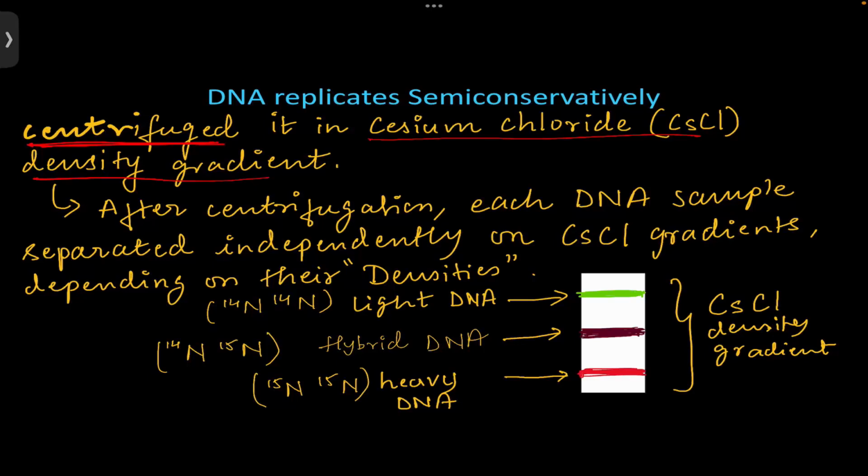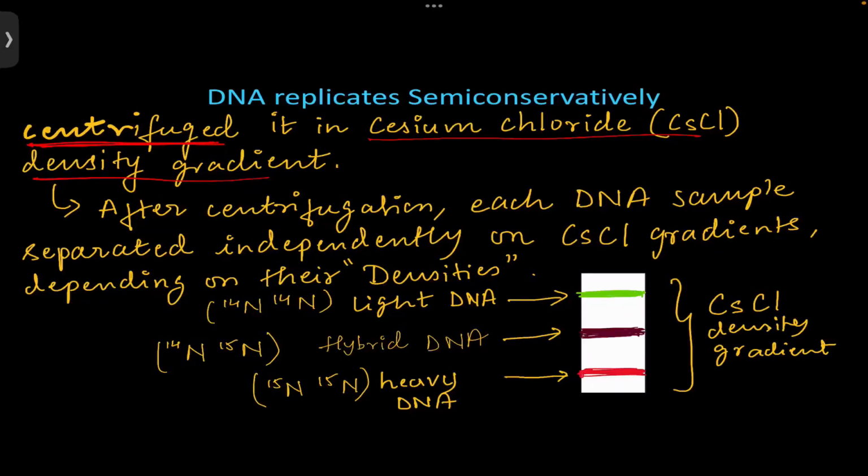If you know what centrifugation is, we apply very high-speed rotational force, because of which gravity pulls the heavy molecules down to the bottom of the tube, whereas the light molecules float at the top.